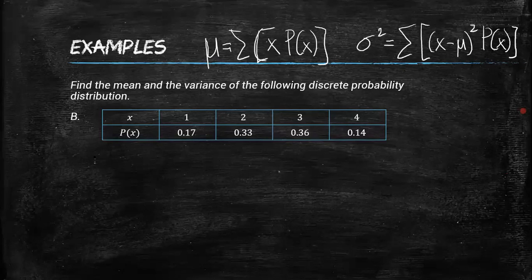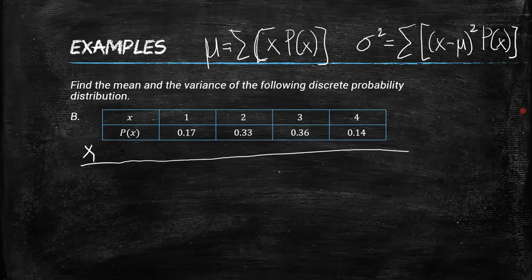Okay, so let's proceed. So let's find the mean and the variance of this distribution. Actually, class, this distribution is much harder because ang haba ng ibang decimals, right? But kung medyo careful tayo in answering, madali lang natin siyang masagot.